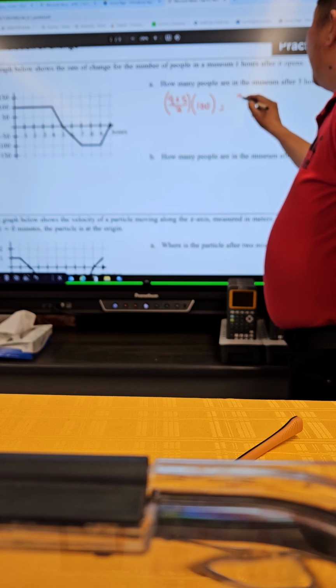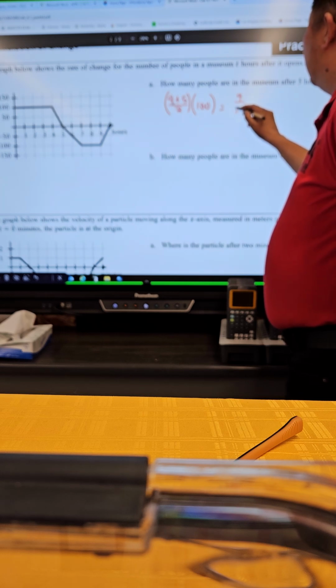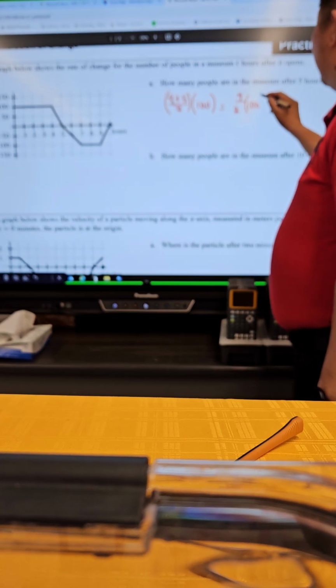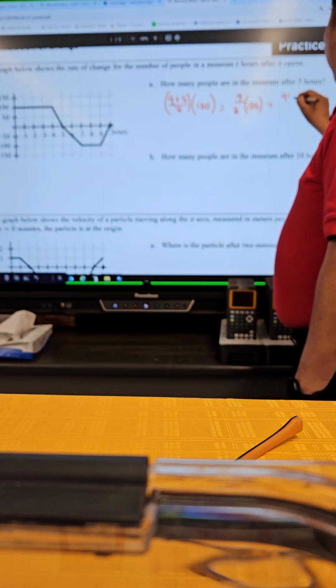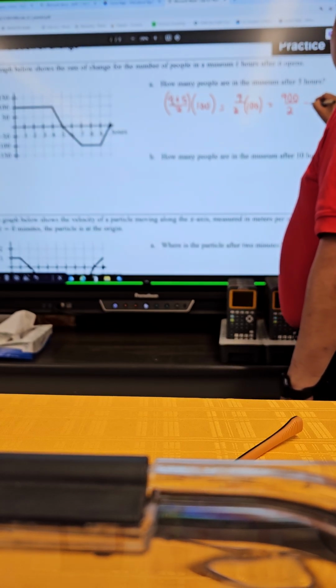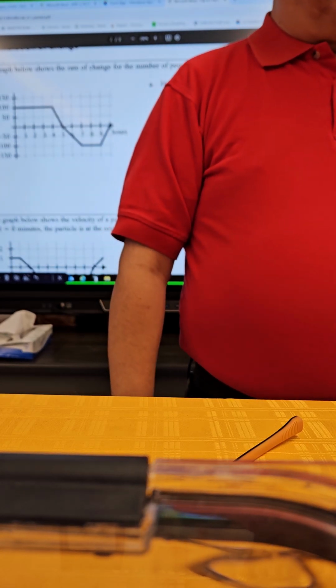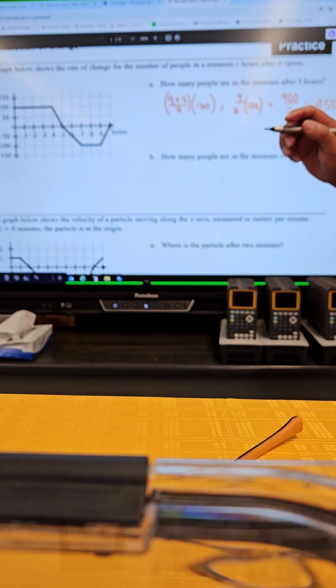So 9 halves times 100. So 900 over 2 is equal to 450 people. Okay? Indicate the unit.